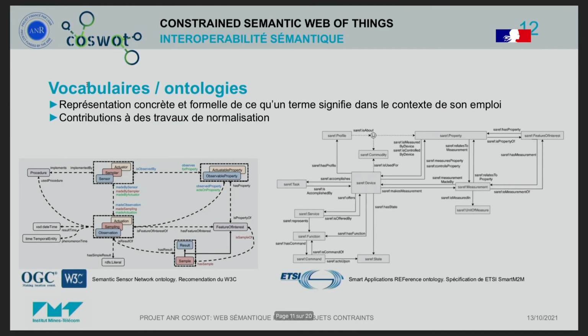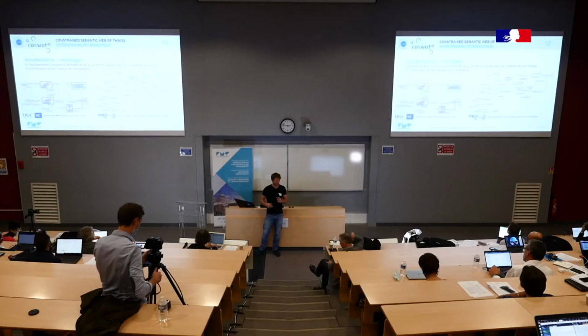So when we talk about interoperability, one good way to reach interoperability is to standardize things. And so there is some work here on knowledge engineering research, because that's what we do, applied to standardization. And so as a consequence, we also have contributions in standardization.